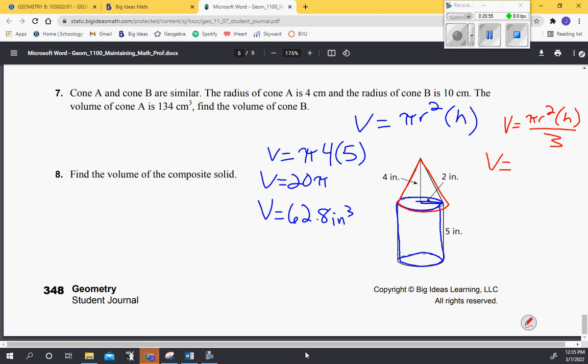So the volume of this is, the radius is still 2, so pi times 4 times our height, which is right here, 4, all over 3. So V is equal to 16 pi over 3. Back to your calculator, 16 pi divided by 3 is 16.8.